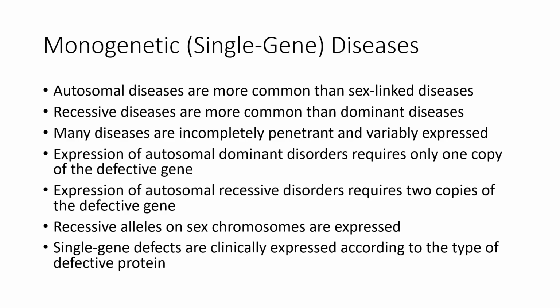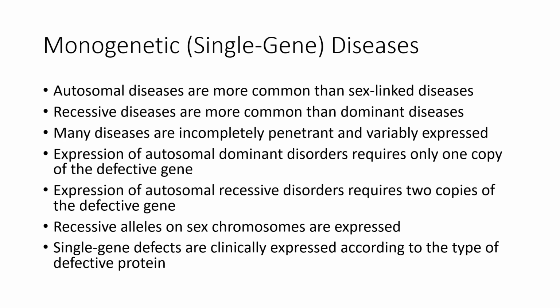Kind of like that one coworker who does nothing but never gets fired. Another important concept: many of these diseases show incomplete penetrance and variable expressivity. Translation: not everyone with the mutation shows symptoms, and not everyone who does show symptoms looks the same. Biology, again, loves chaos, but with rules.